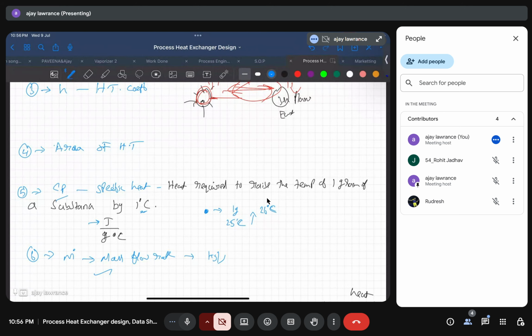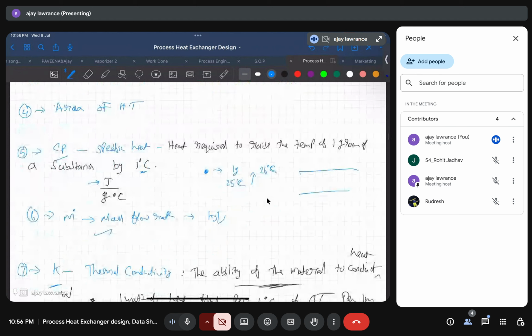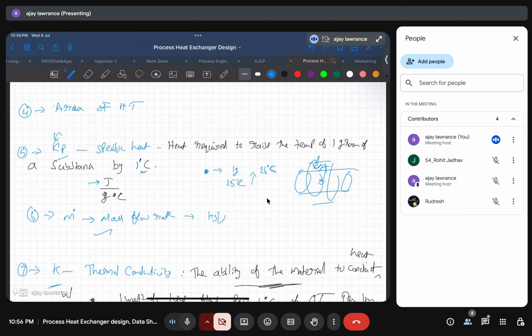Because if you are designing a heat exchanger that operates through a fluid, for the transfer of heat from this fluid to this fluid, you should know how much heat should be given to that fluid to raise the temperature by 1 degree Celsius. These kinds of data are standards based on temperature.